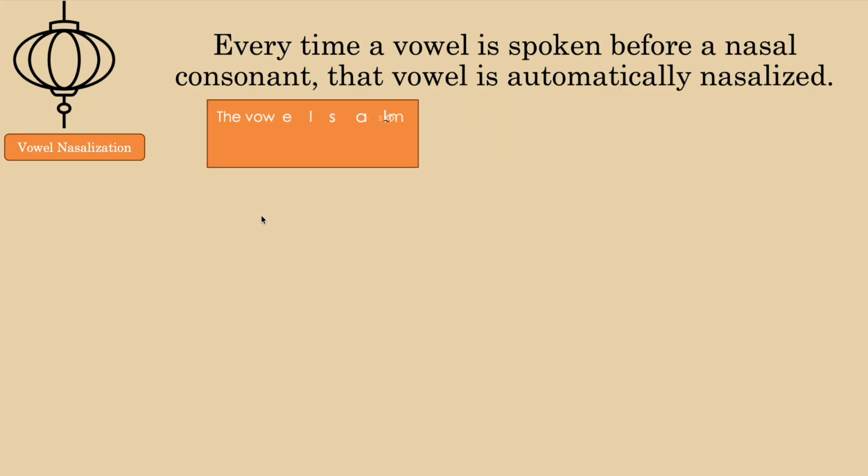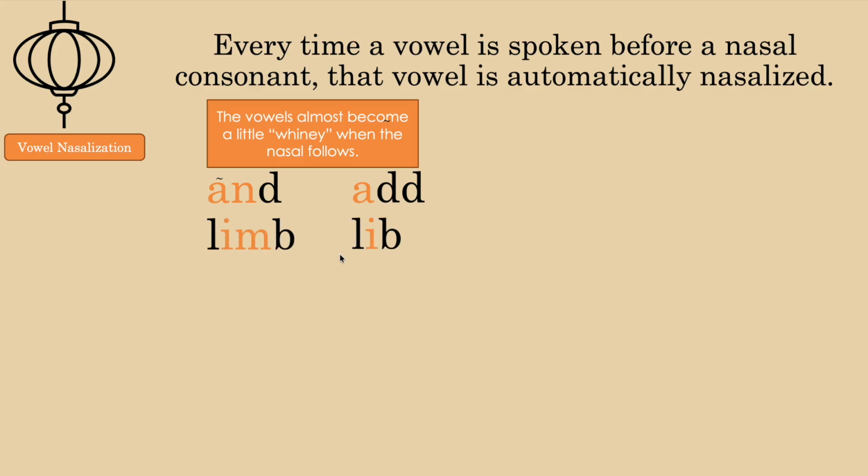You see that in words like "and" and "add," and you could feel like it gets a little whiny there. Add is just very much forward where it should be. How about limb and lib? Limb, almost like an I coming up there.